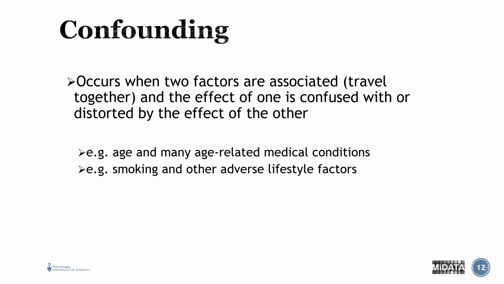Now, confounding occurs when two factors are associated, travel together, and the effect of one is confused with or distorted by the effect of the other. So here are some examples: age and many age-related medical conditions, smoking, and other adverse lifestyle factors.